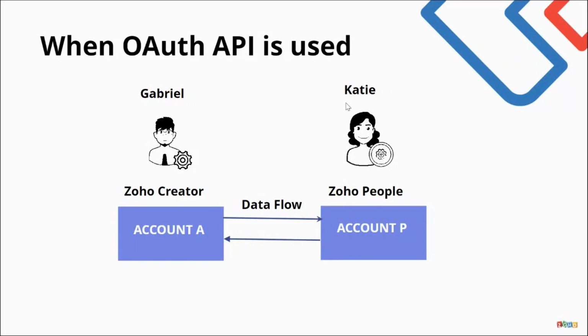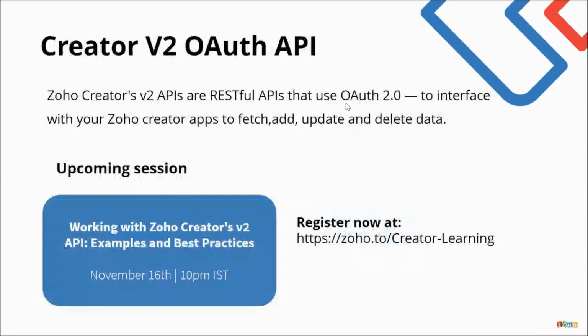So assume that Gabriel is associated with Zoho Creator account A, and Katie is associated with Zoho People account, that is account B. And if Gabriel wants to send or receive information from Zoho People, then he would be using OAuth, and that would be the ideal option to go with. So this OAuth API is available for Zoho Creator, and it is available for Zoho People as well.